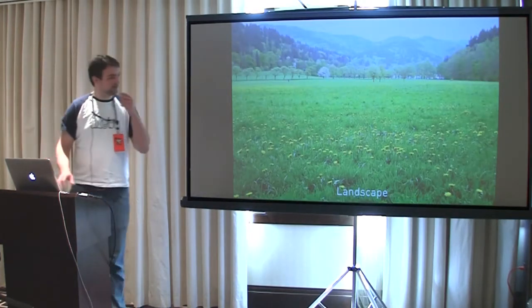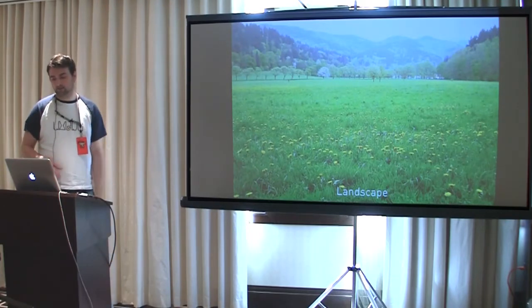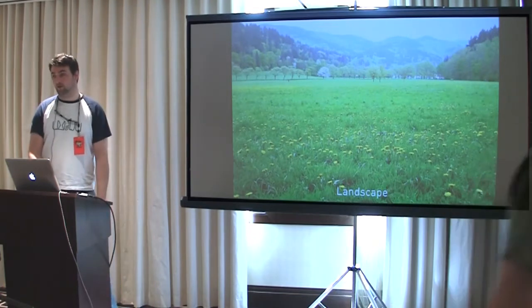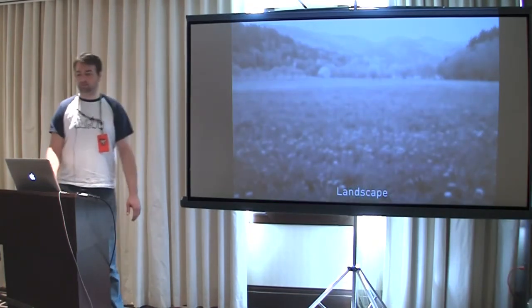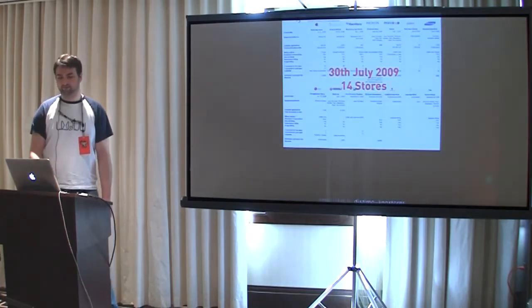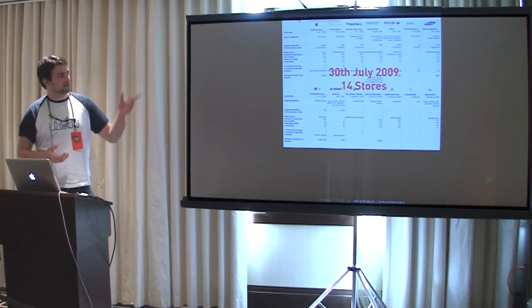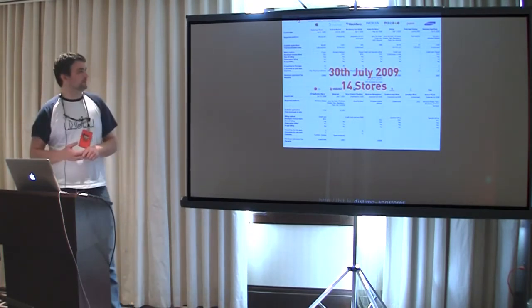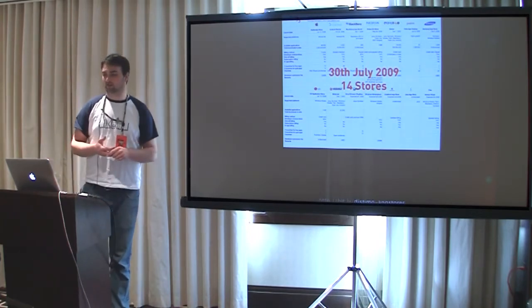But before I really start into explaining how we did that, I want to show you more the landscape of the mobile world, and it's really blurry at the moment. Here you see a website, you can't read the URL, that is listing all the app stores that are available.